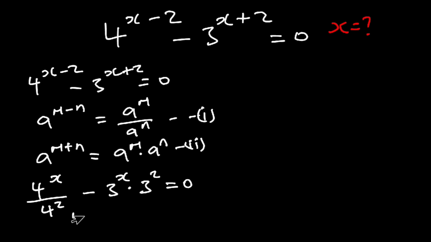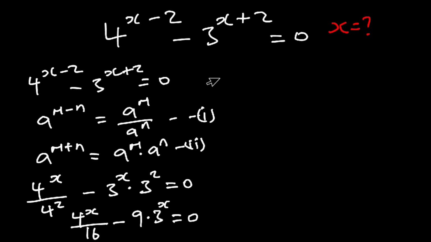So we have 4 raised to power x divided by 4 times 4, which is 16, minus 3 times 3, which is 9, multiplied by 3 raised to power x, equals 0.